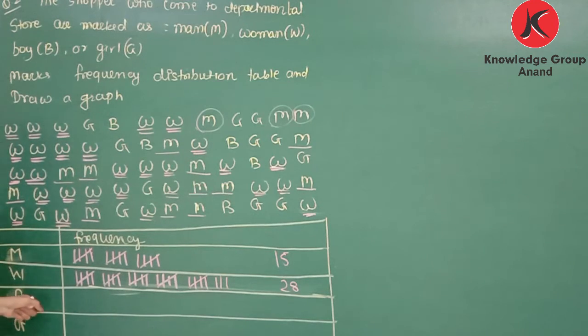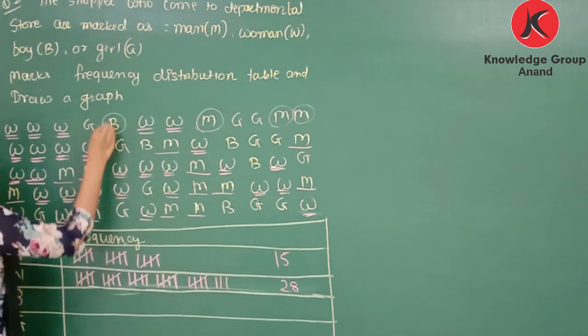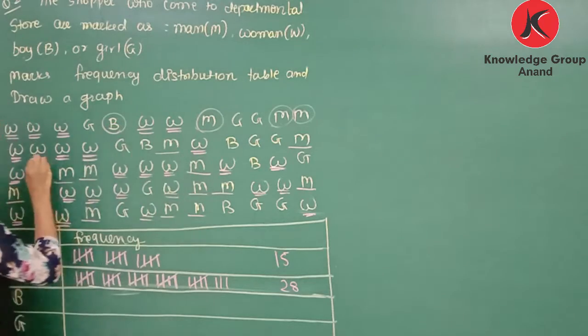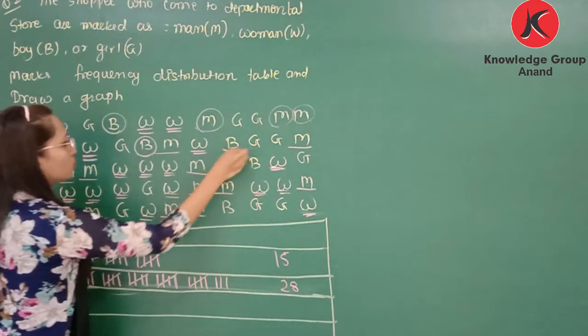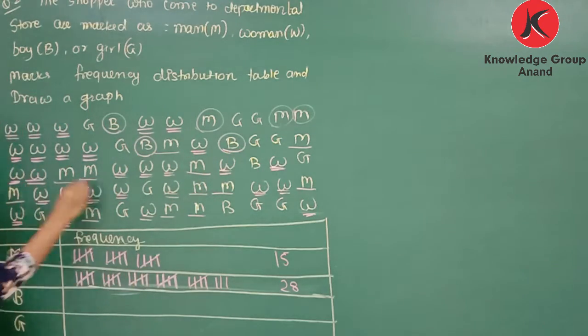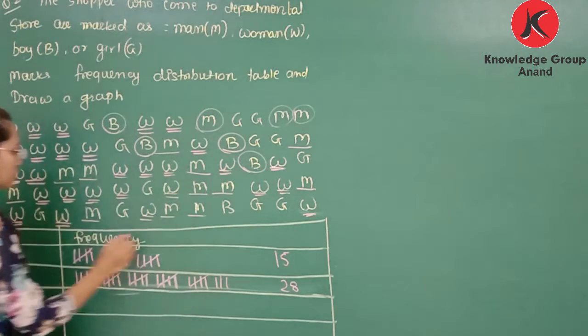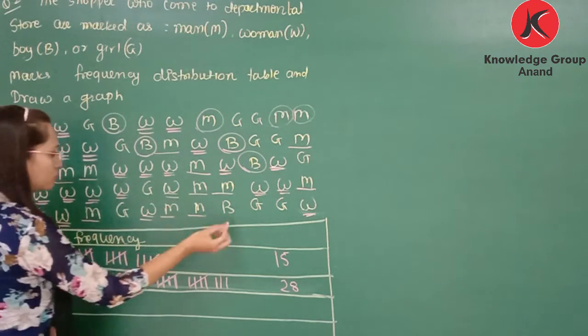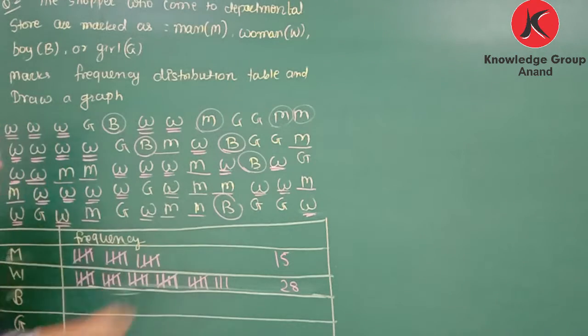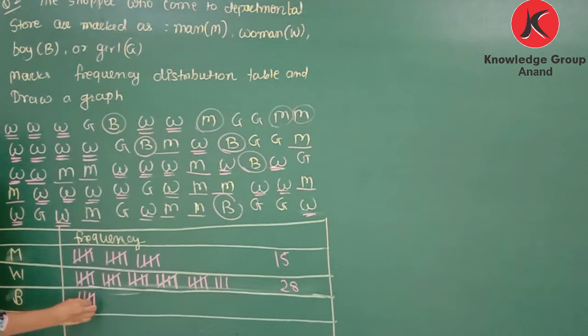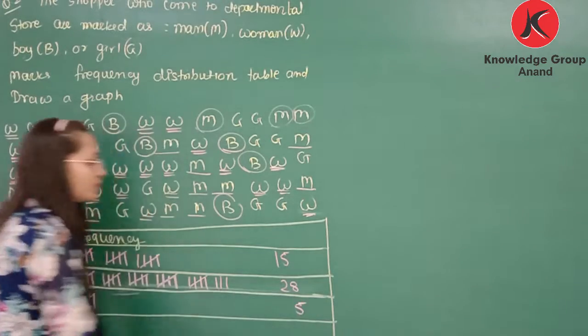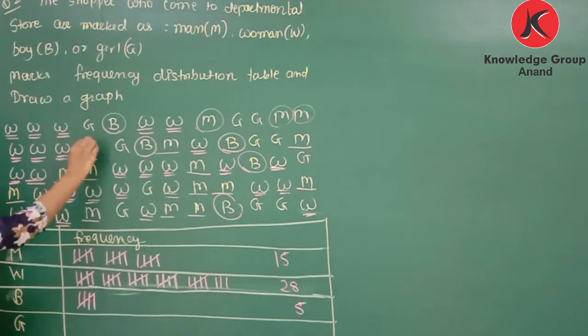Now how many boys? So here 1, 2, 3, 4 and 5. So boys are 5. Now let's count the number of girls who visit the store.